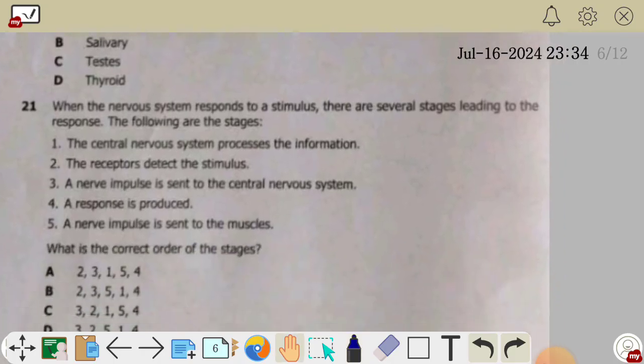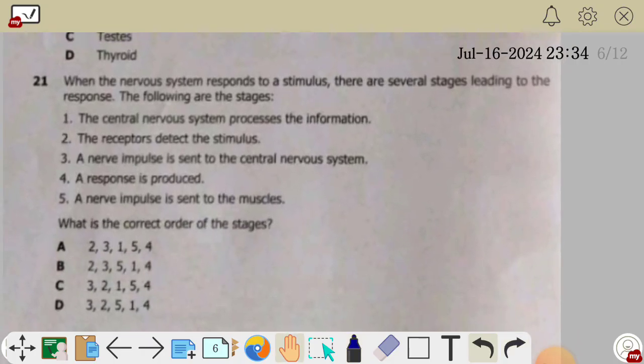Question 21. When the nervous system responds to a stimulus, there are several stages leading to the response. The following are the stages. 1. The central nervous system processes the information. 2.